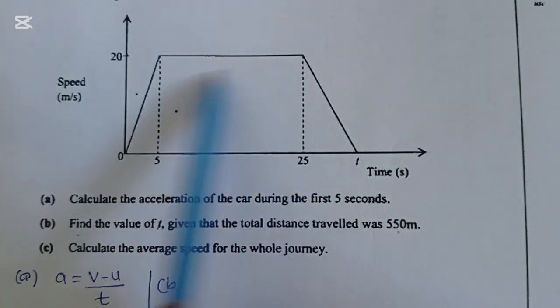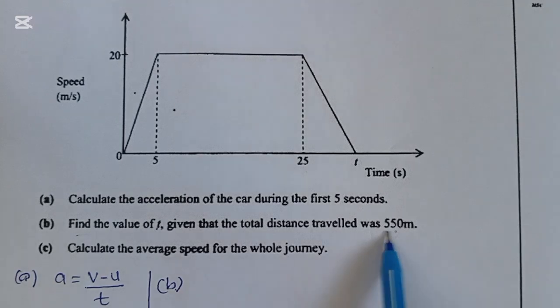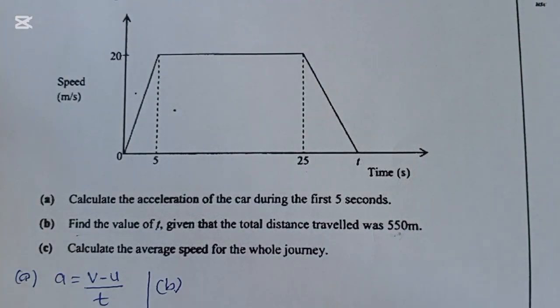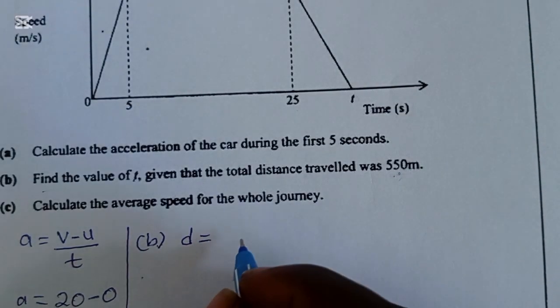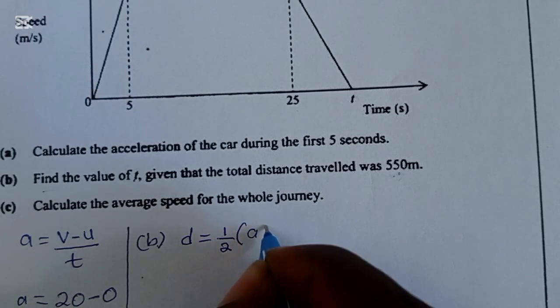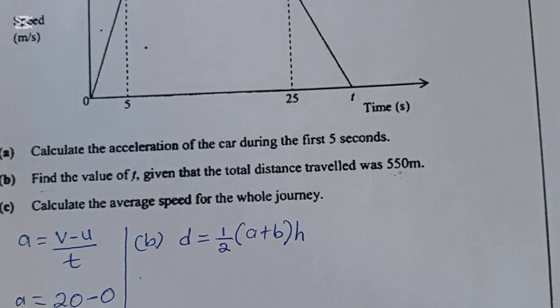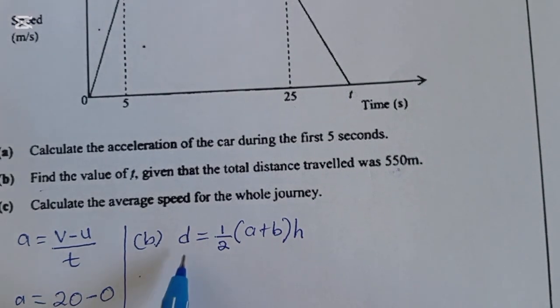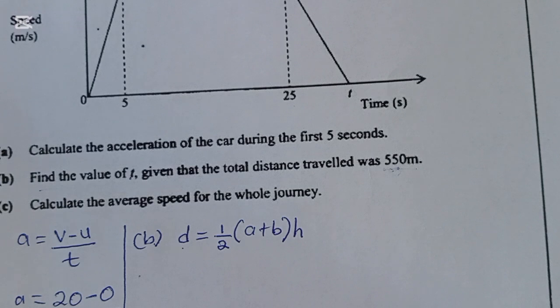So in this case, this is a trapezium and the total distance is given to be 550. So distance is equal to 1 over 2 times a plus b times height. So d is the total distance, which is given to be 550.